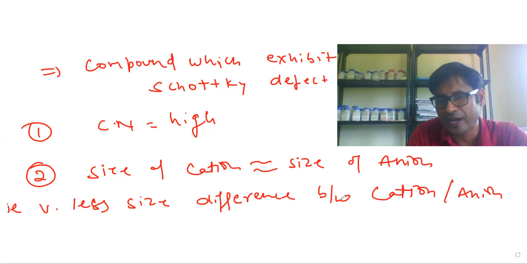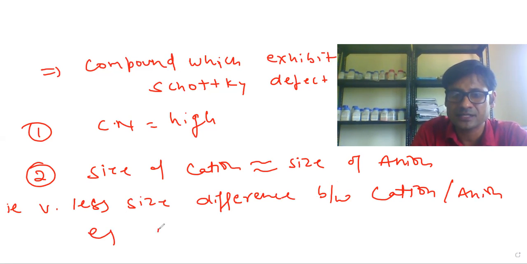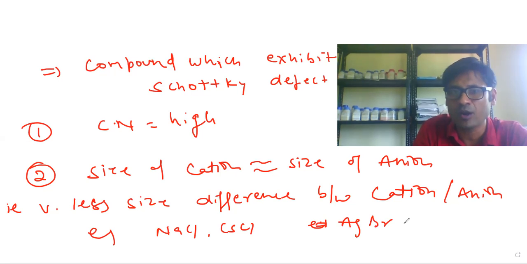This type of compound shows Schottky defect. The examples are NaCl, CsCl, etc. AgBr is also an example of Schottky defect. Clear?